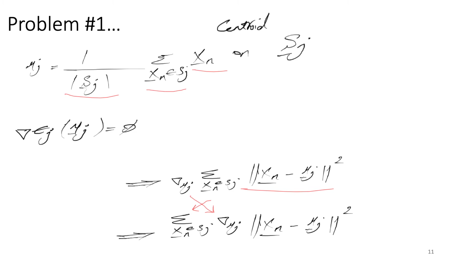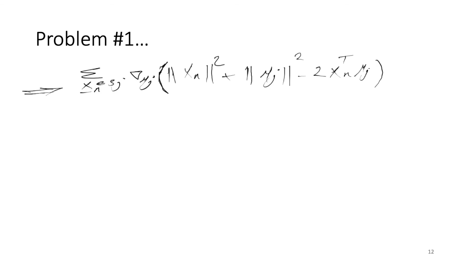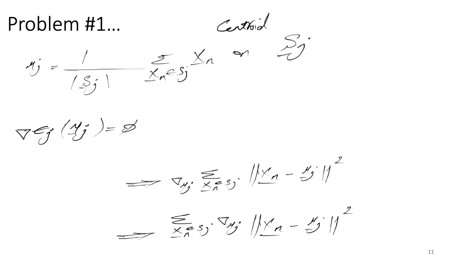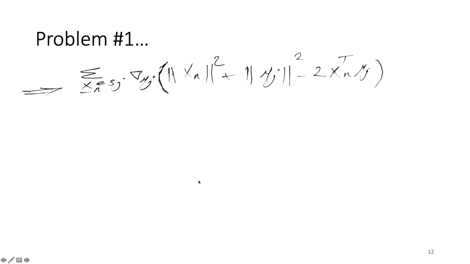Okay, now we arrive at the point where we have a summation of xn within Sj, and we want to compute the distance between each of those xn's and their own corresponding mu j. So expanding that, xn minus mu j, raised to the 2. So xn minus mu j, raised to the 2, would be this.